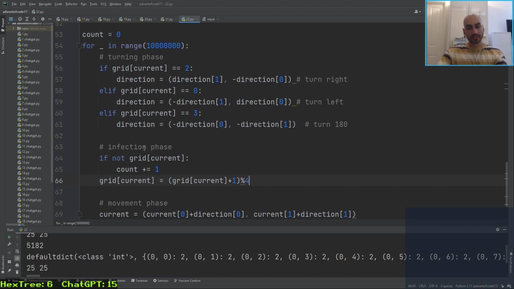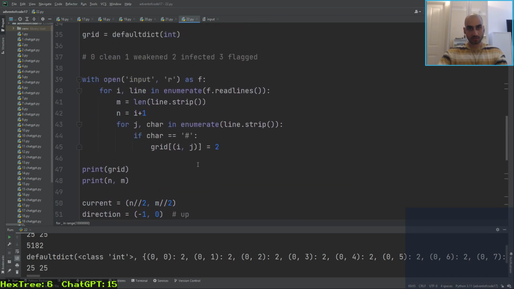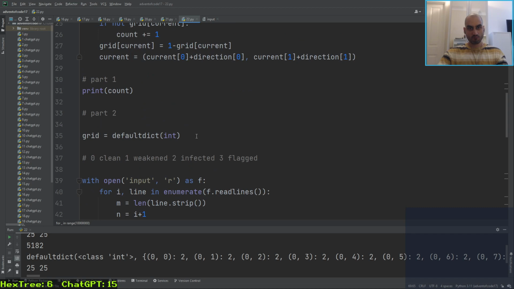Well, what are we counting? If grid current is 1, count, because that means it's going to become infected, which is 2. Then we add the direction, and then just print the count.